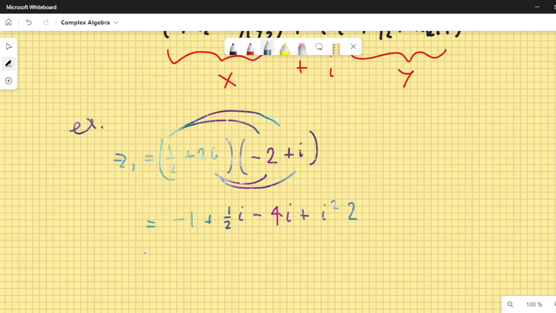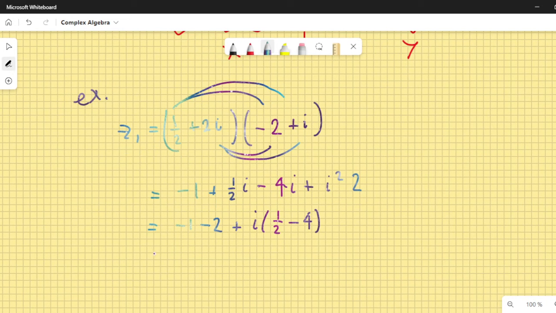So doing the calculation, i squared is -1, so it's -2. Plus i, factor out the i. What is left inside is 1 over 2 minus 4, okay? So this is minus 1 minus 2, which is minus 3.